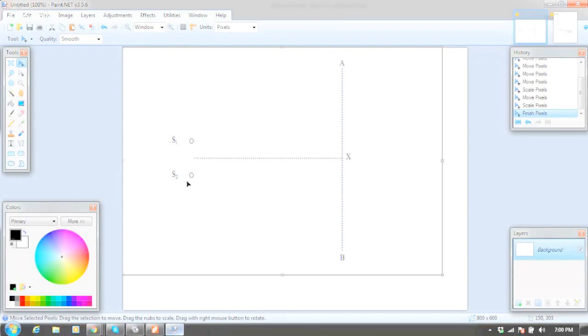Now, when it is not mentioned that the sources are out of phase, that means they are in phase. As you know, the variation of intensity will be somehow like this, that there will be maximum intensity at the center, there is zero intensity here, and then the intensity will increase to the maximum.